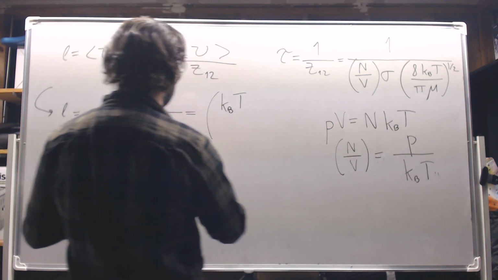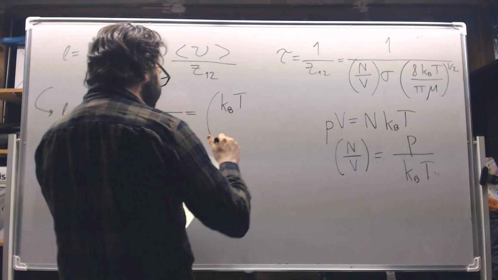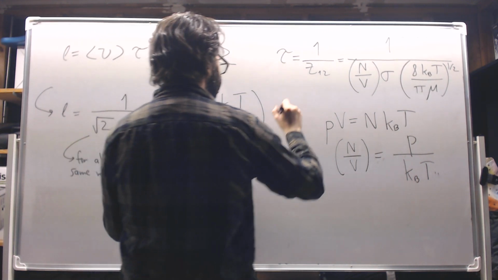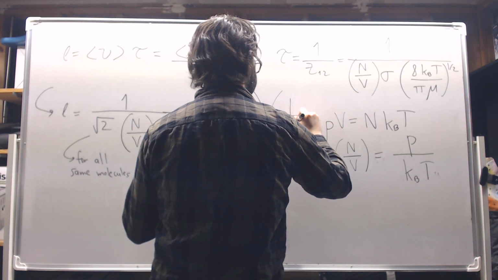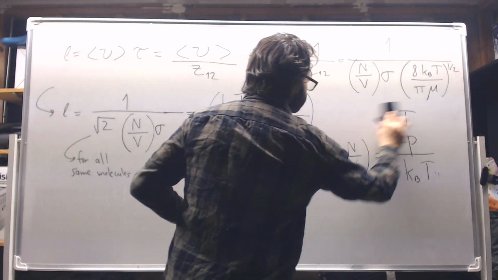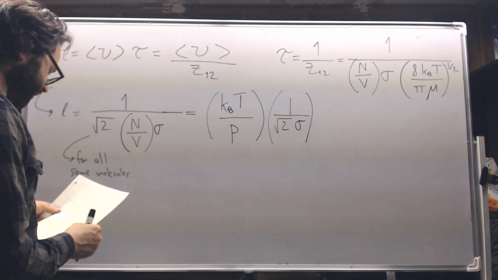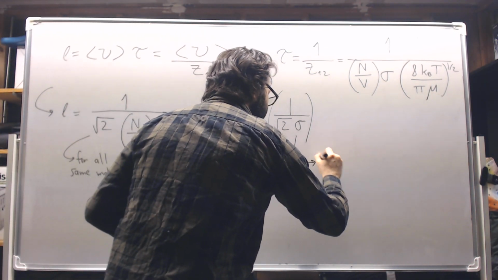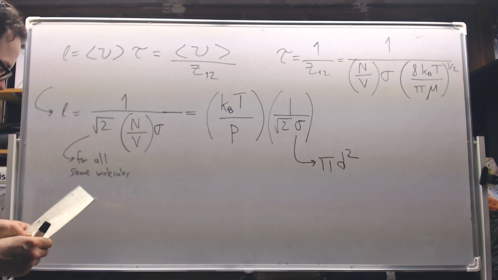If we're dividing by N over V, the kBT goes in the numerator, P goes in the denominator: kBT over P times 1 over square root of 2 sigma. That's the mean free path, where sigma, once again, is pi times the molecular diameter squared, the collision cross-section.